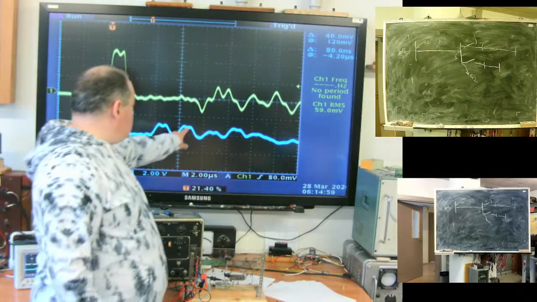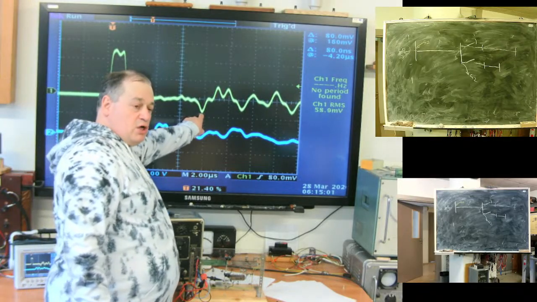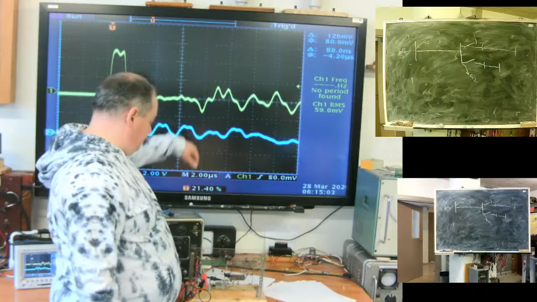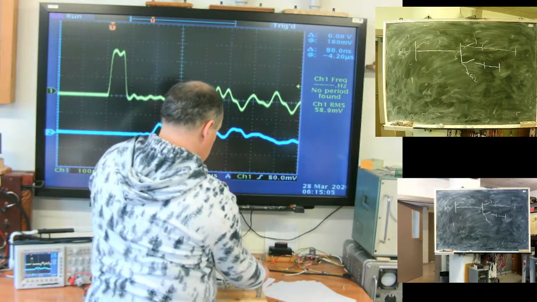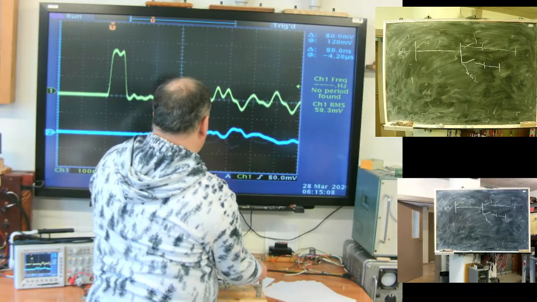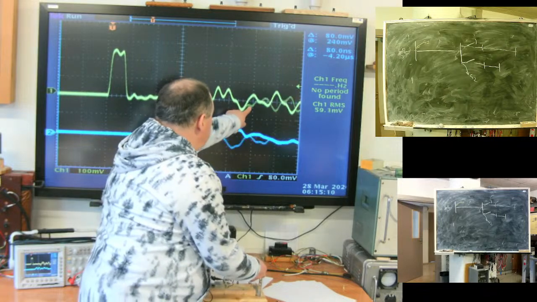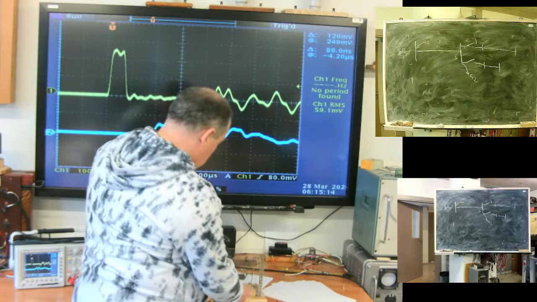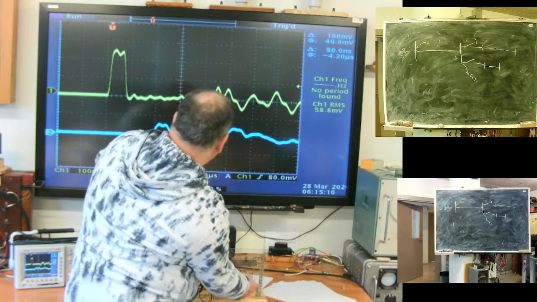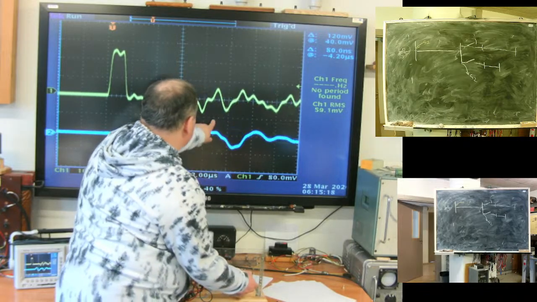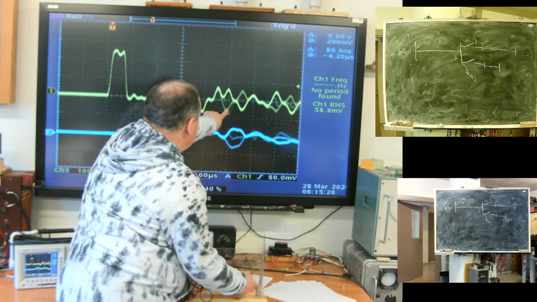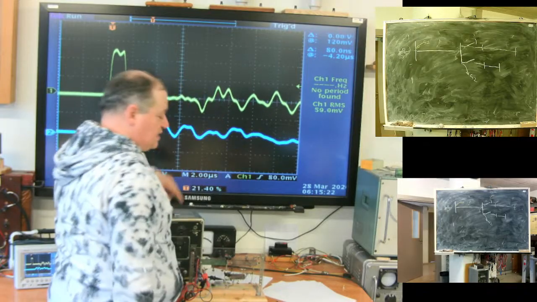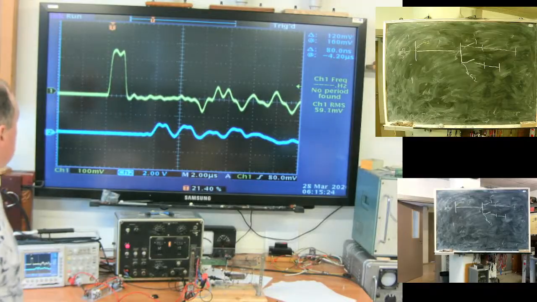So this wave returns from the junction point. This wave returns from the end of the second line, and this wave returns from the end of the third line.